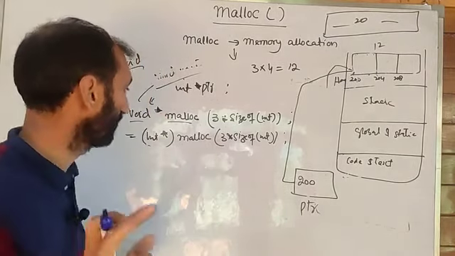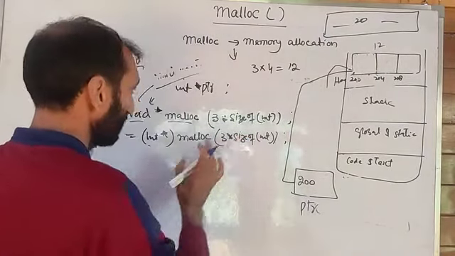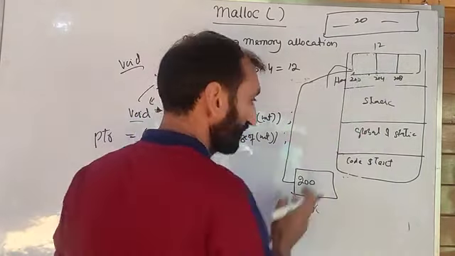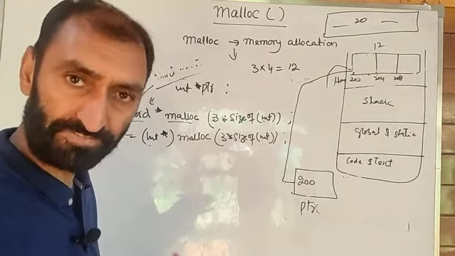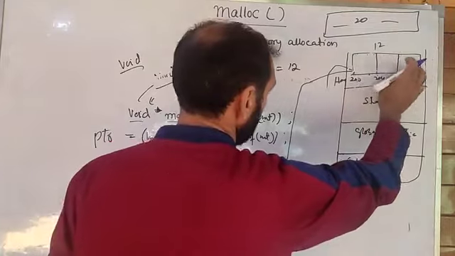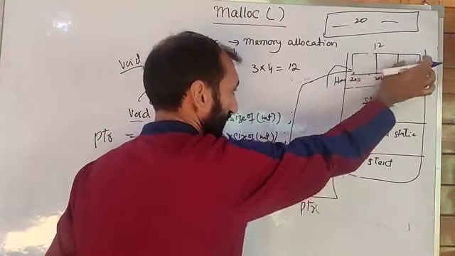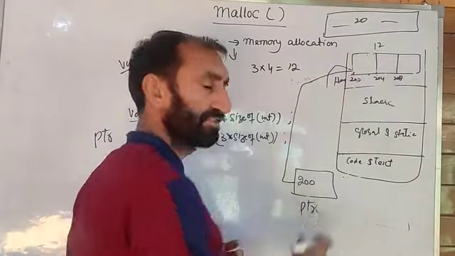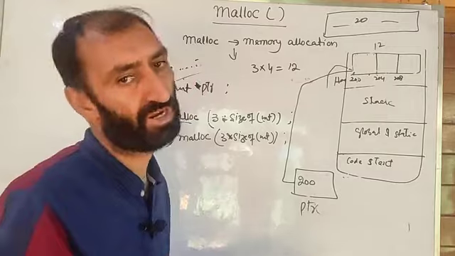One thing about malloc is that if the elements of these locations are not initialized, by default they contain some garbage value. It may be a negative value, a positive value, it can be anything.